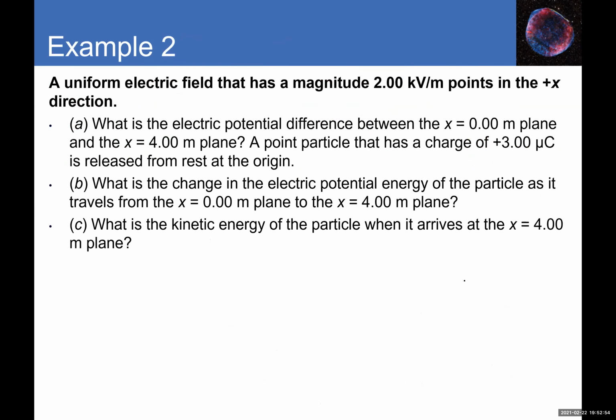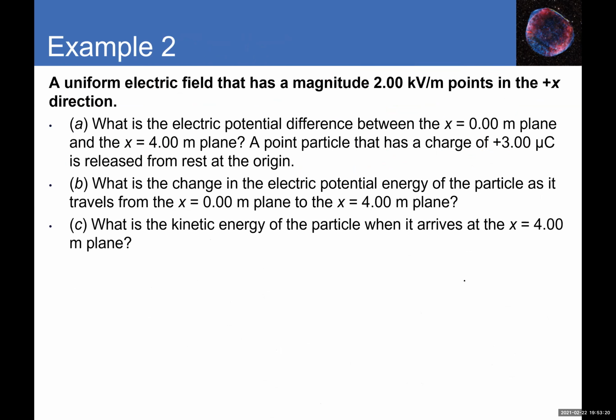All right, so here's another example. A uniform electric field that has a magnitude of 2000 kilovolts per meter points in the positive x direction. What is the electric potential difference between the x equals 0 meter plane and the x equals 4 meter plane? A point particle that has a charge of plus 3 microcoulomb is released from rest at the origin.